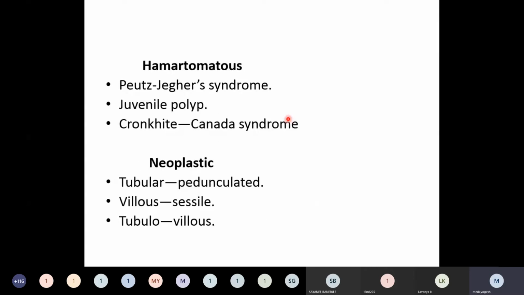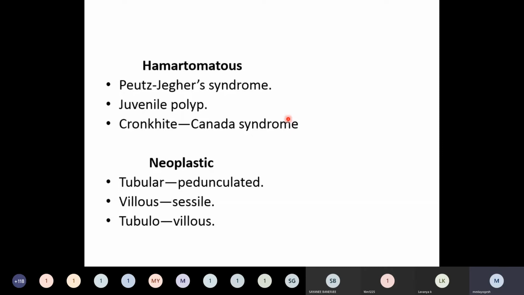The third variety is the hamartomatous polyps. These again have three types: the Peutz-Jeghers syndrome, which is commonly encountered in the jejunum, then the juvenile polyp, and the third one is Cronkhite-Canada syndrome. These three are commonly encountered with hamartomatous polyps.